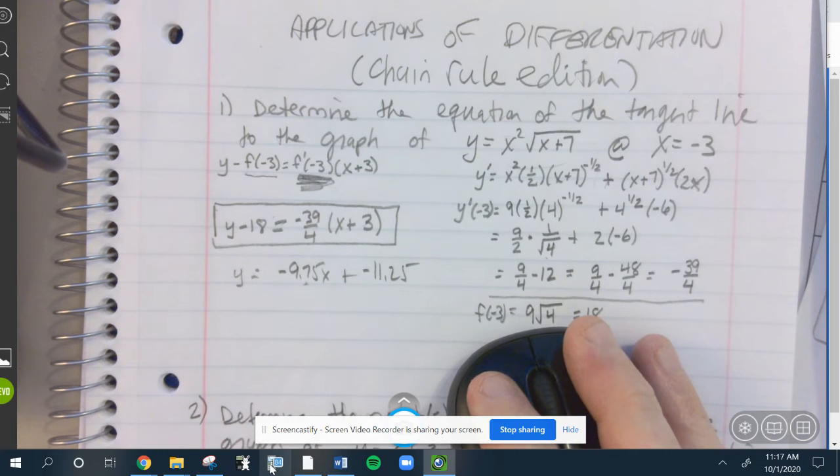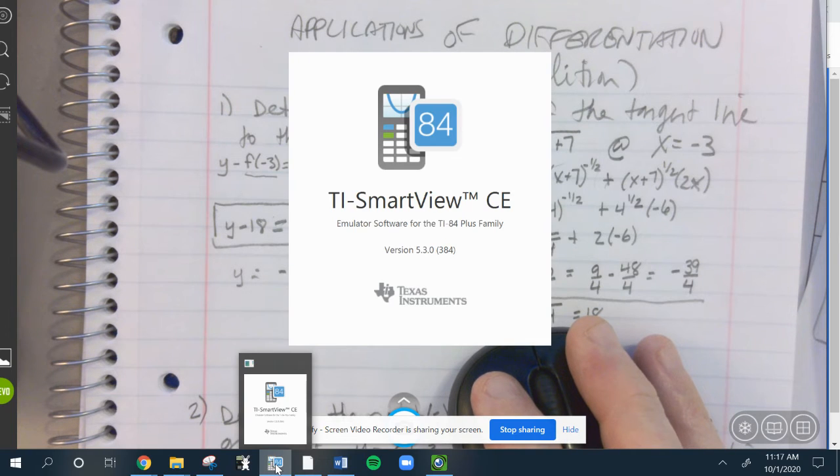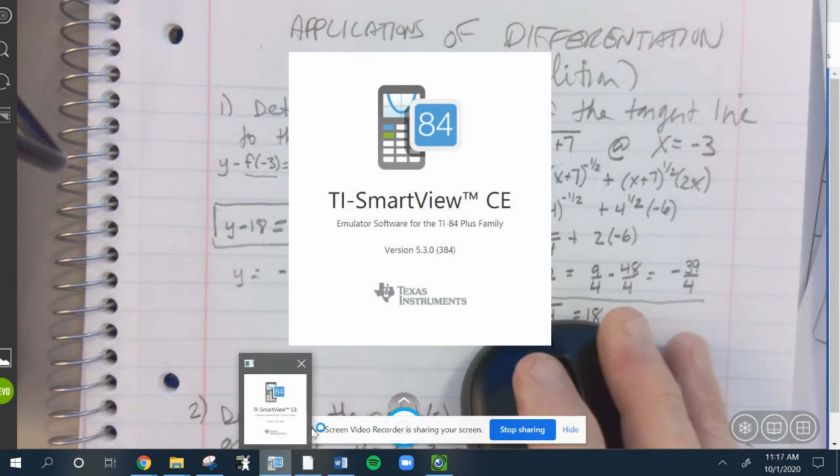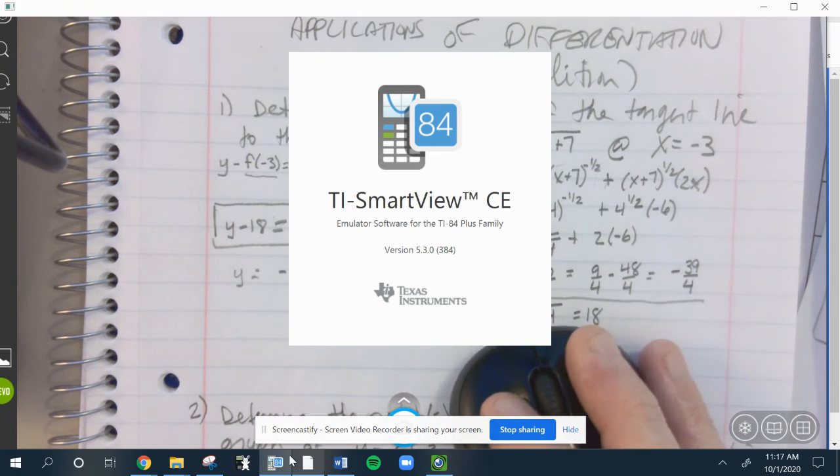So here goes with the calculator. We're going to type in the function as soon as my calculator warms up.